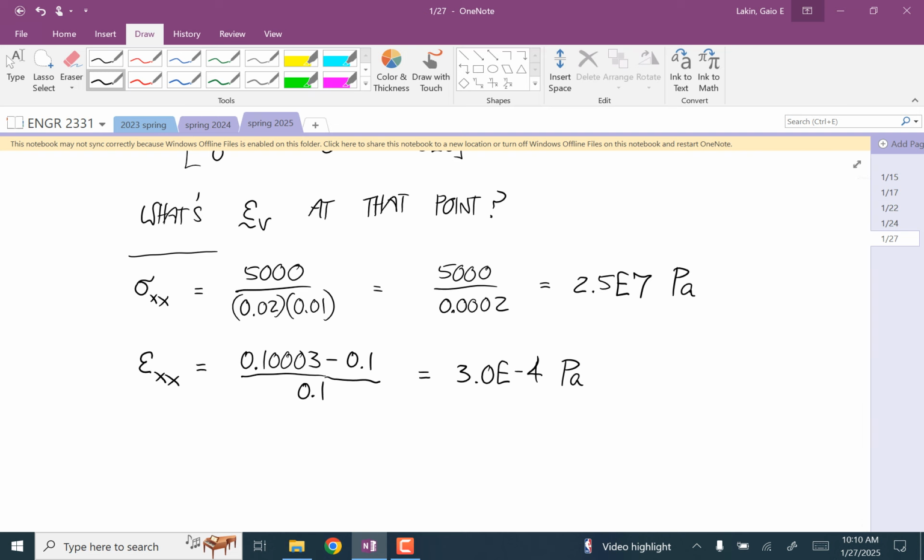Are we concerned about the size of that strain? It's getting up there into the ballpark of where we might be a little skeptical about it, but it's probably fine. The stresses are big, right?